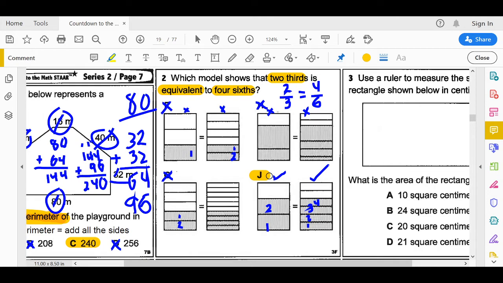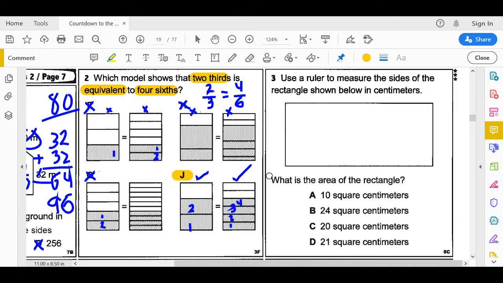Good job. In number 3, use a ruler to measure the sides of the rectangle shown below in centimeters. So use a ruler to measure in centimeters. So not in inches.